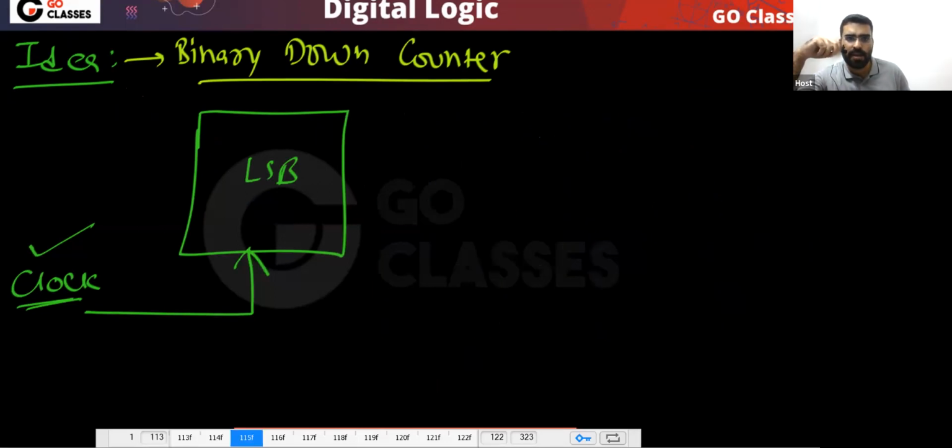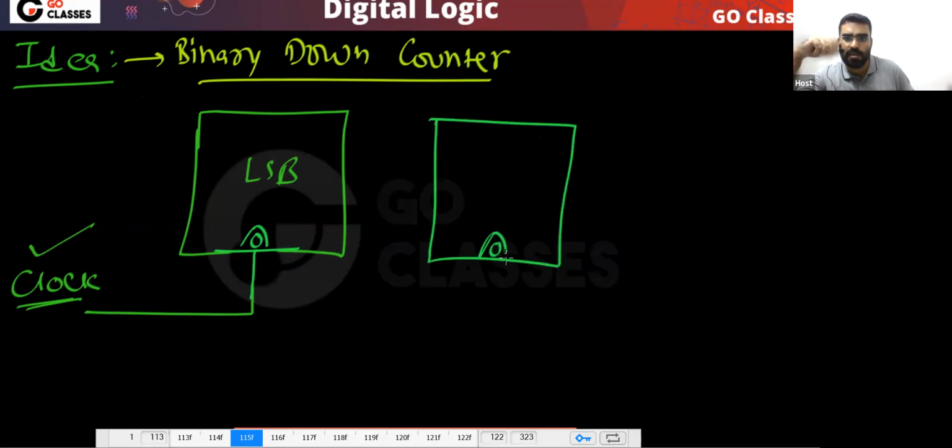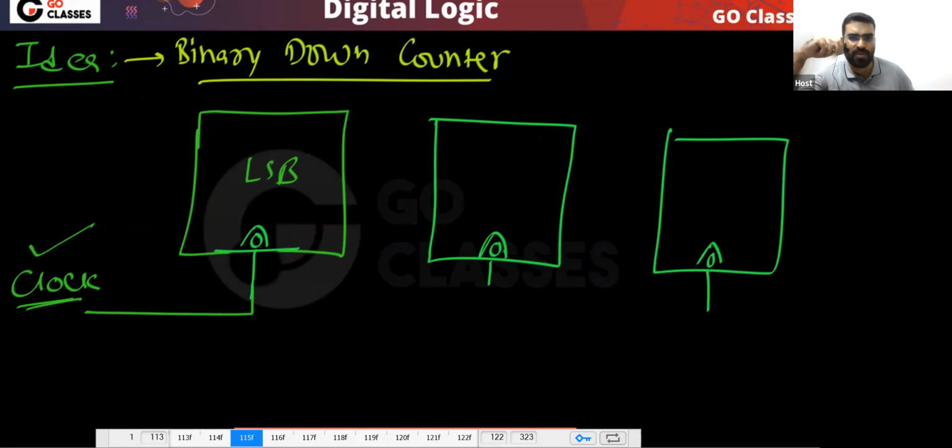Very simple. Now, similarly, if all my flip-flops are negative edge triggered, then what will happen?